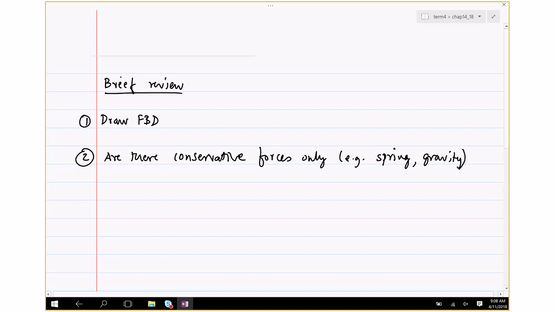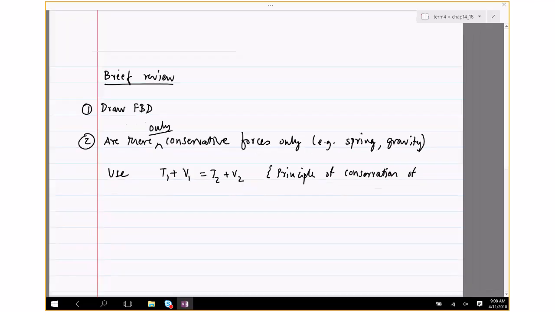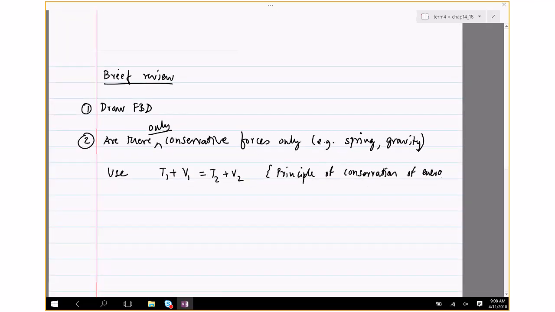So if there are only conservative forces, use T1 plus V1 equals T2 plus V2. This is called the principle of conservation of energy.